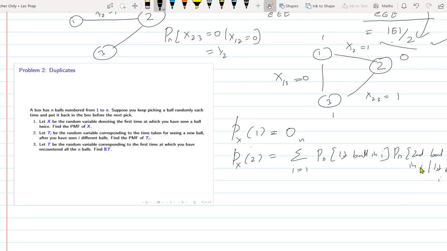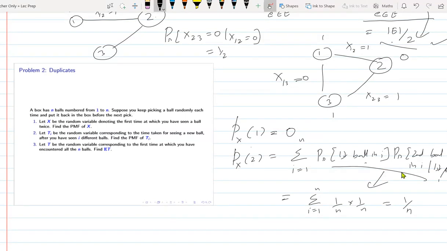But this is independent, no? You don't need to condition here. So it is the summation over i equal to 1 to n of 1 by n times 1 by n, which is equal to 1 by n. If you have solved enough problems, this thinking will come quickly, but this is how you get it from first principles.